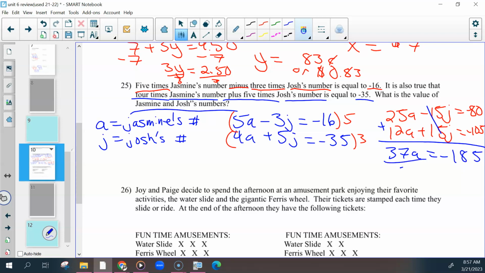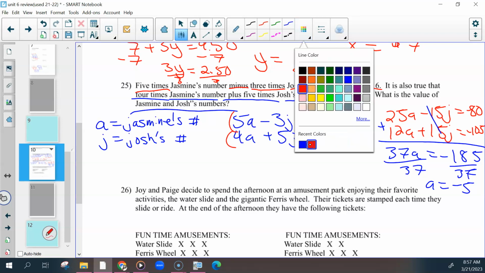And then divide. What would A be? Is that what we all got? Yes, no, yes, no. So then we need to find the other number.